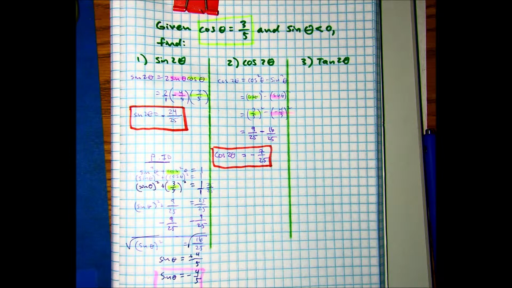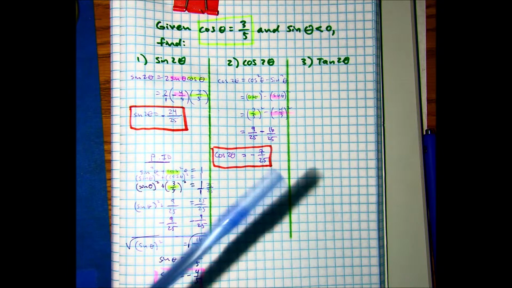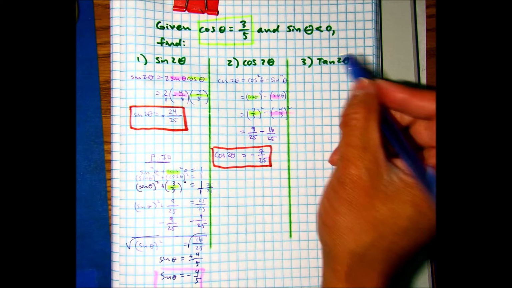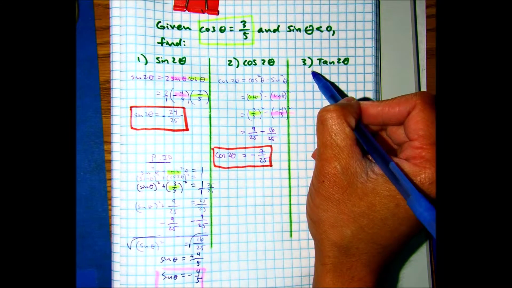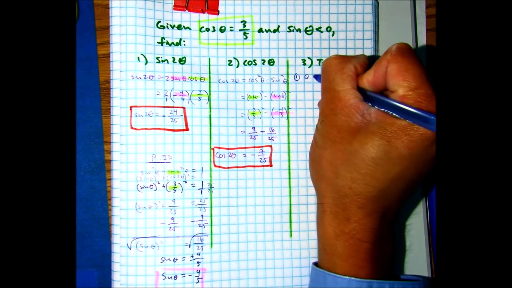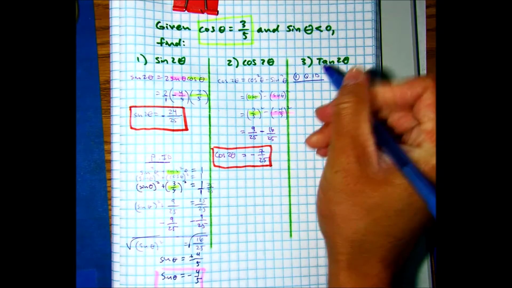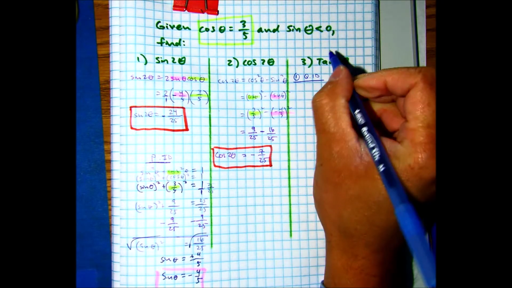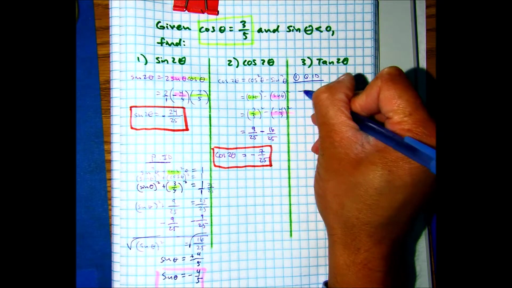Mariana, how did you figure out the double angle identity for tangent? Okay, here's one way, the quotient identity. Can you tell me what the quotient identity says? You can use the quotient identity, but pay attention.